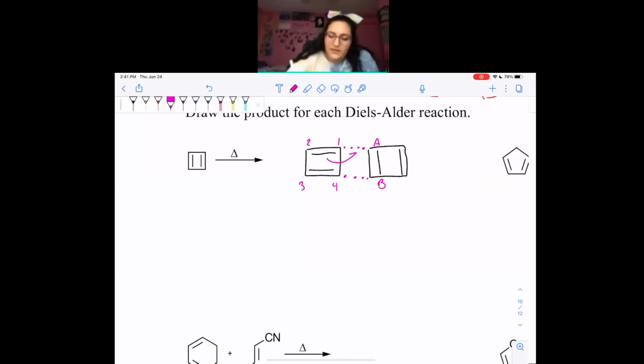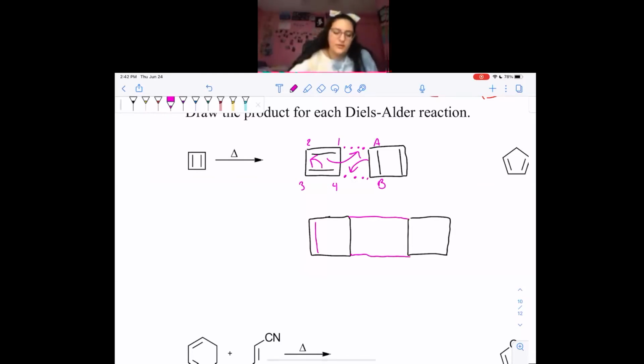Bam, bam, bam. So you end up with this. I actually hate how this looks, so I'm going to redraw it. This line, this line, this line are new, and we have a double bond here.